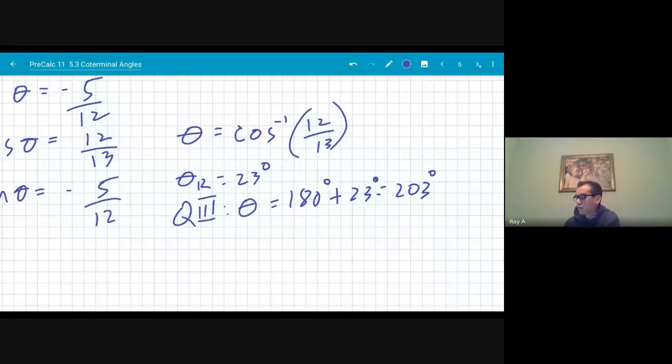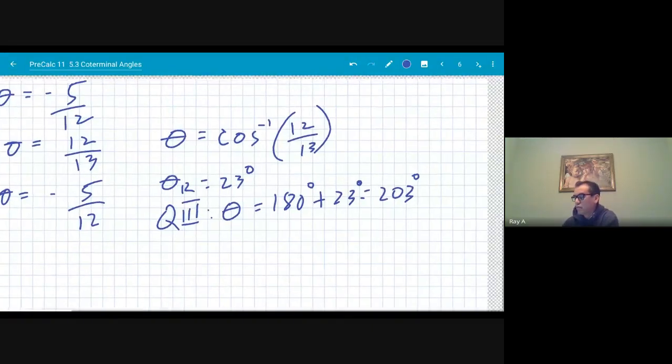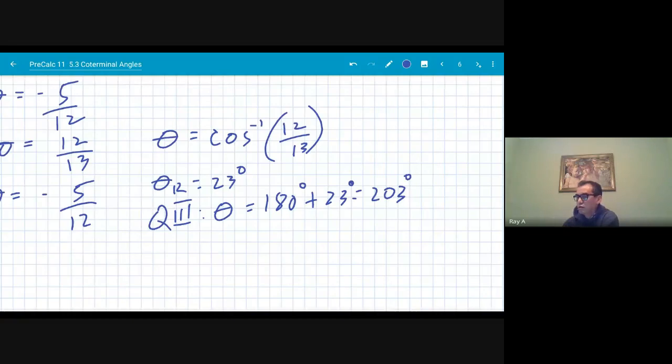So another possible angle would be if you go another full turn, which would be coterminal to 203. So 203 plus 360 would be 563 degrees.